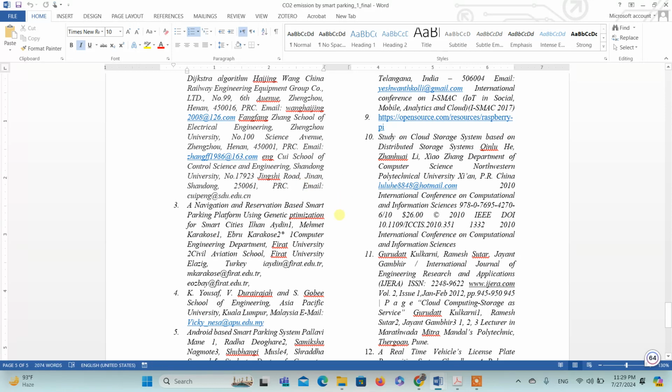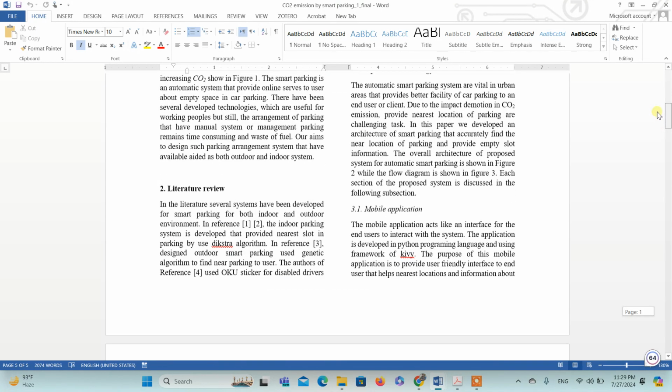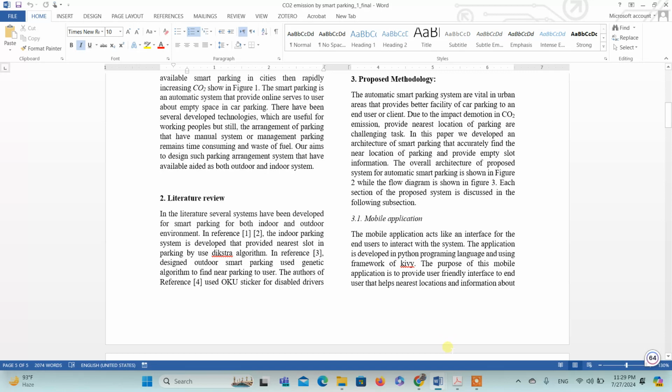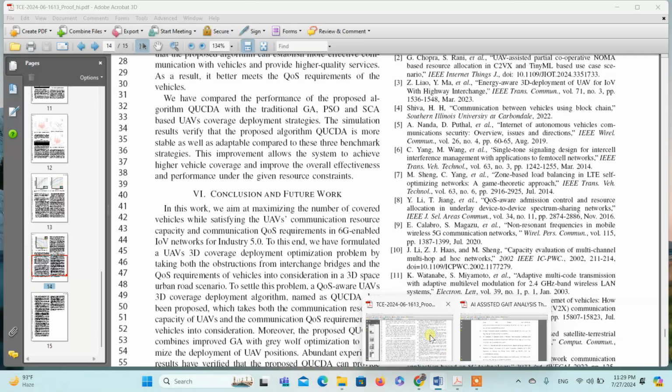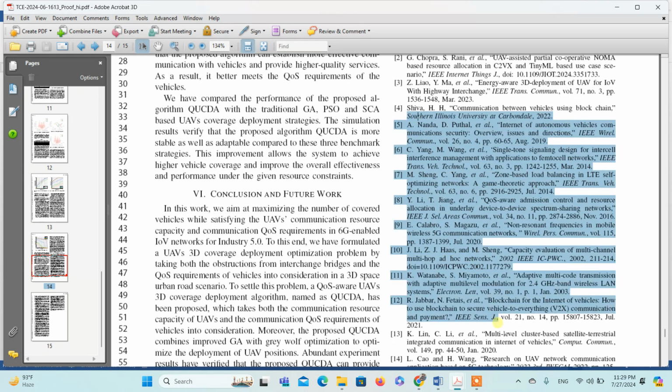So from this we can make a decision that this research paper is of good quality or bad quality. For example, this is another journal paper and a list of references.